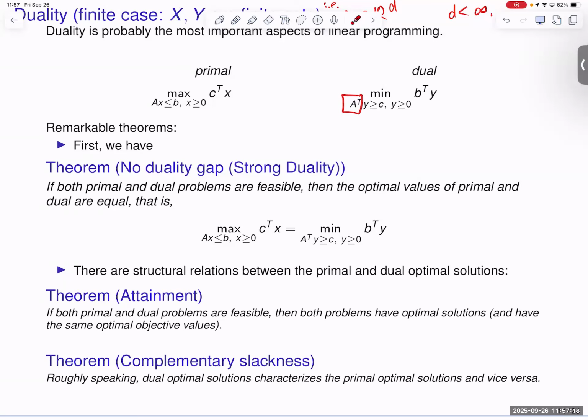Maybe this is something you already learned in your real analysis course. What is dual to measures? Functions. Okay, just functions. So the dual variables are functions in optimal transport.